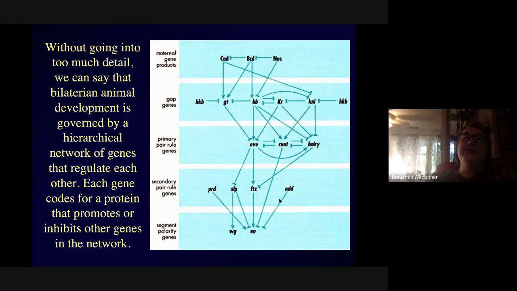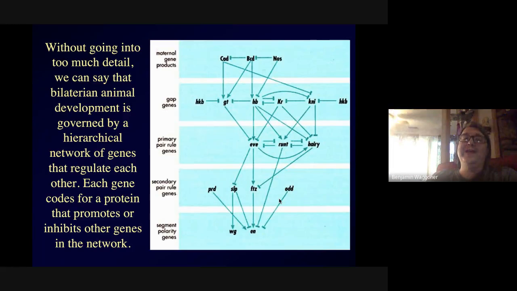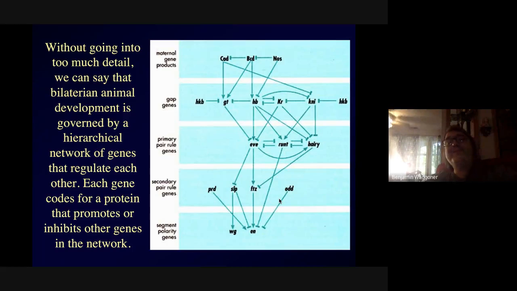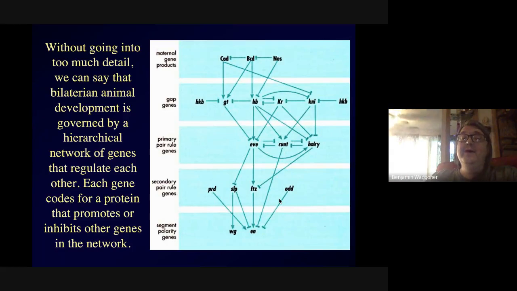Without going into too much detail, what we can say is that development is governed by a network of regulatory genes. And the genes are arranged in a hierarchy. This is a piece of the hierarchy for the development of a fruit fly.